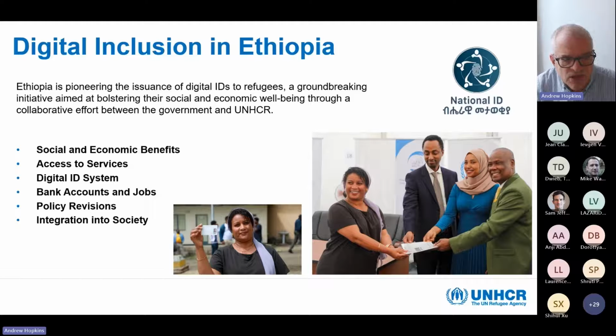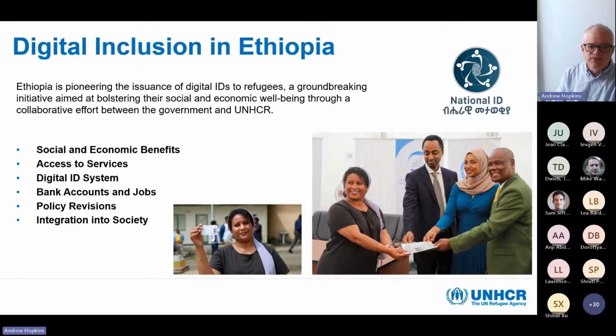So what we're doing in Ethiopia with the government, after entering into a tripartite agreement with the government — and when I say tripartite, I mean two government departments in Ethiopia and UNHCR have come together to make sure that the registration data that's collected by government is shared with the national identification authorities to be able to print a digital identity card.